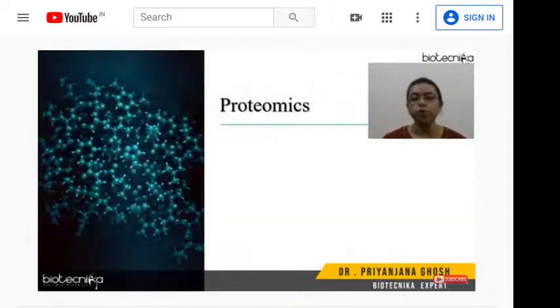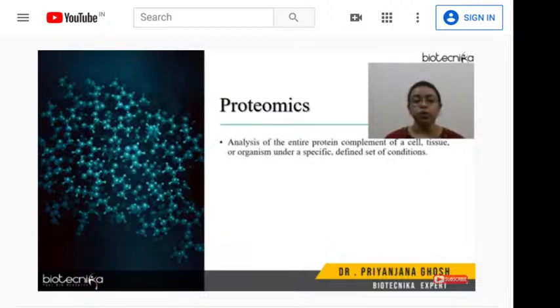Now, when we come to proteomics, it is definitely very important. How is it important? It is the analysis of the entire protein complement of a cell, tissue or organism under a specific defined set of conditions.